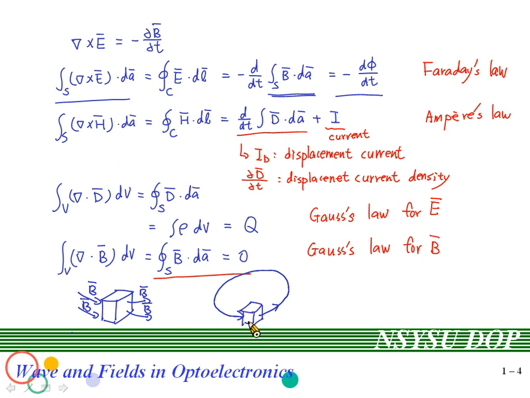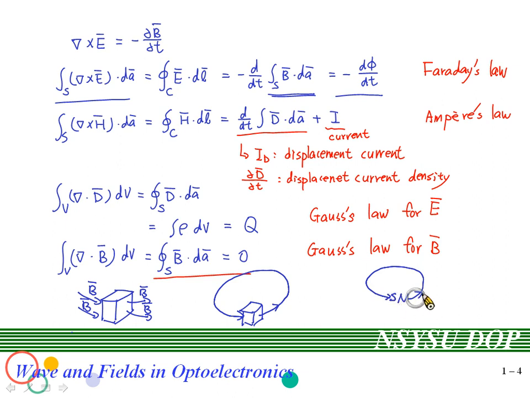Why is the magnetic line a closed loop? Because each magnetic line will start from the N pole and end at the S pole.